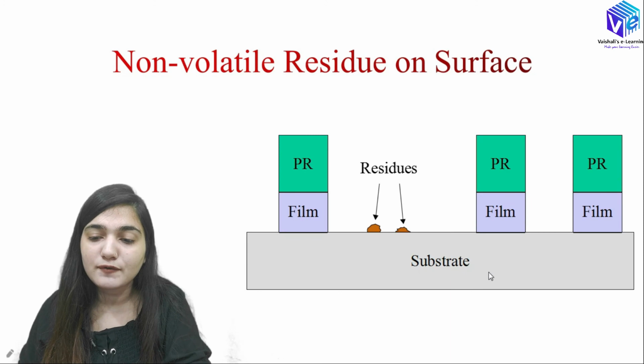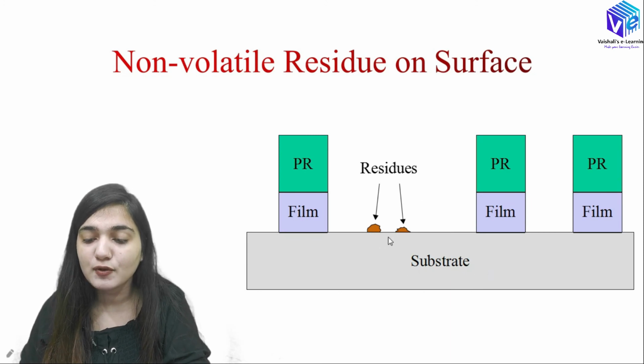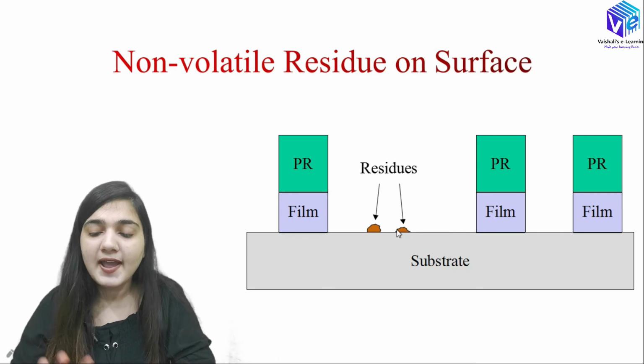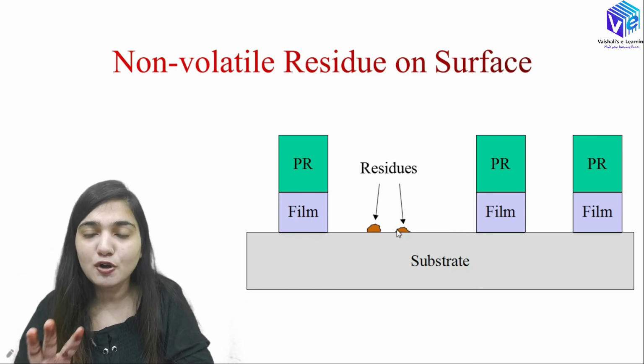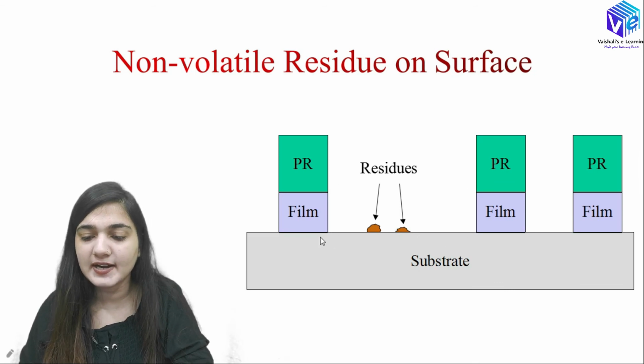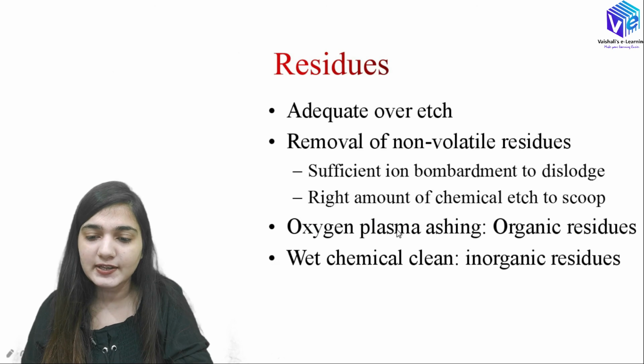Now coming to the non-volatile residues which are left over the surface, it will be affecting the next processes. If I have a perfect anisotropic profile, this is the perfect anisotropic profile that we wanted, but now I just have the residues which are left over the surface, and these are non-volatile, so these won't be evaporating out.